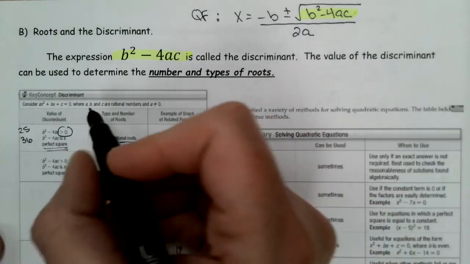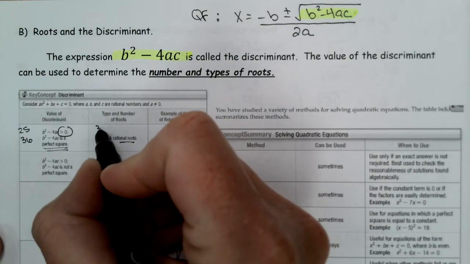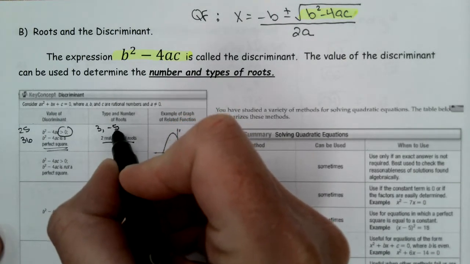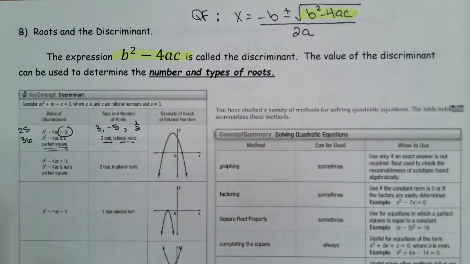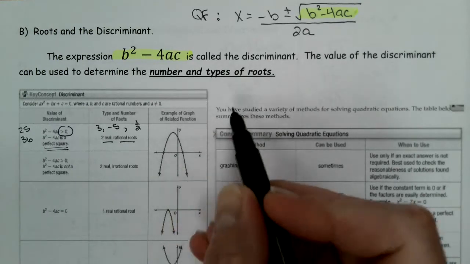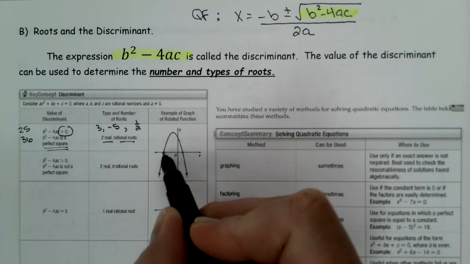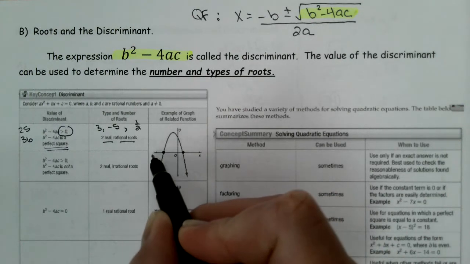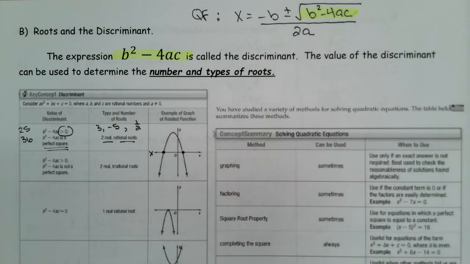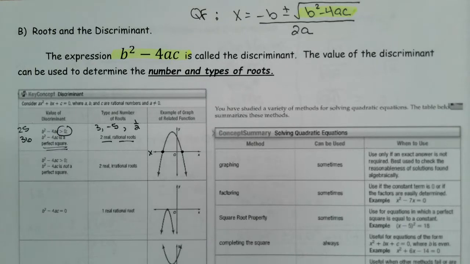A real rational number would be like 3, -5, 1/2. All these are real rational numbers. The point of this is we're going to use it also in the next section. The roots tell you where the graph crosses the x-axis.